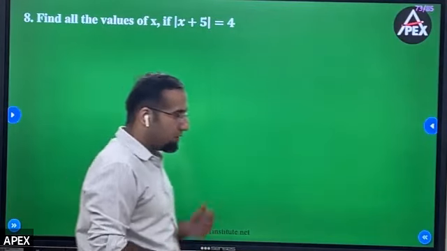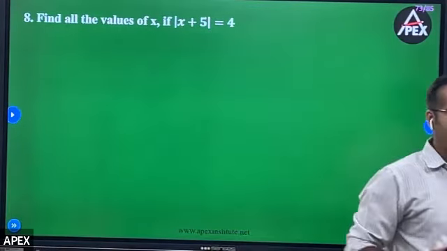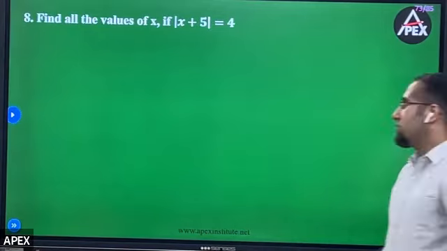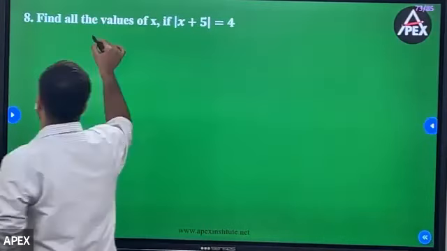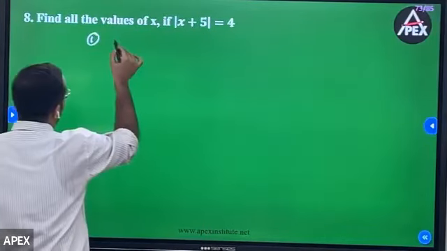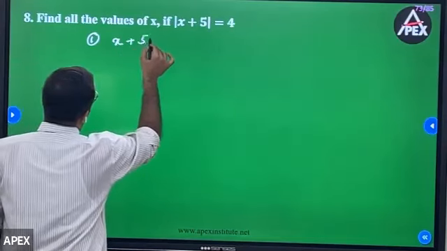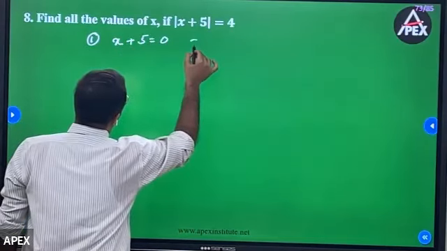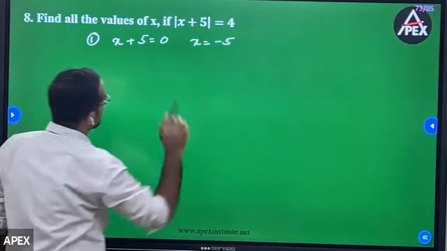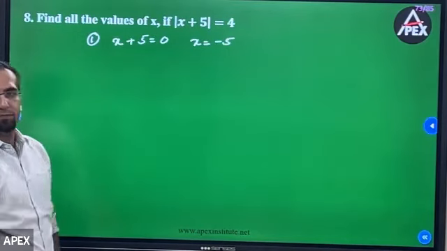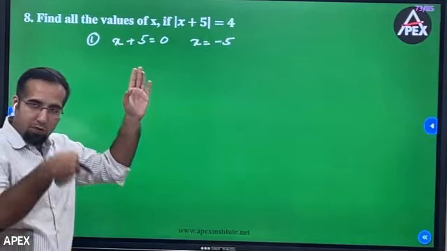Quick. Now we'll not go mathematically, we'll quickly understand the practical approach. So step number 1, find the zero of this nodal point. Find the node. So node is, if I take x plus 5 is equal to 0, you are at a value called minus 5. That is the distance that you have to cover on the right and on the left.